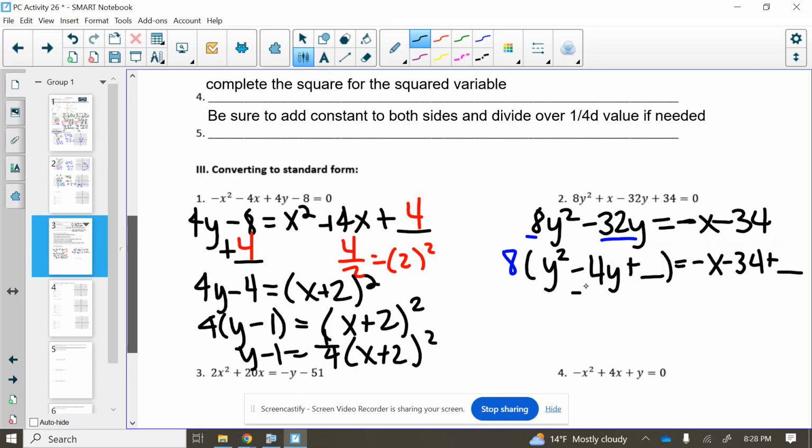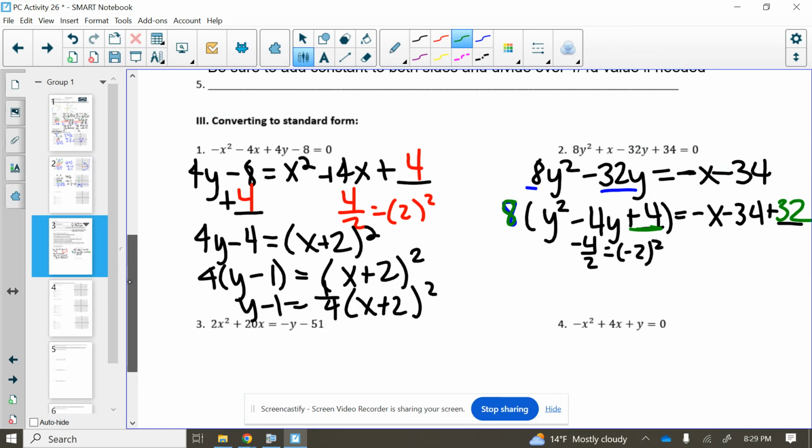So negative 4 divided by 2 is negative 2. Squared, though, is 4. Now, we have to be very careful on this particular one because when we have a GCF factored out, officially we have to take into consideration that if we distributed that through, 8 times 4 is really 32 that we're adding to both sides.